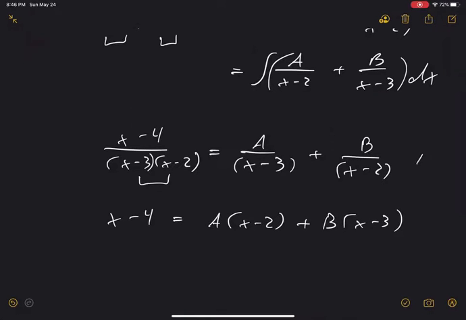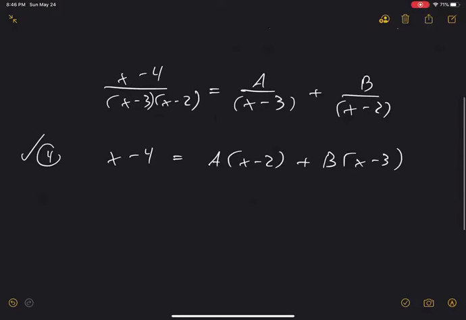Check this. If you don't see how to get from here to here, start here and just multiply both sides by the denominator here and see what cancels. So I've completed step 4 and I'm here. Boom. Step 5 is now to start solving for our constants a and b.